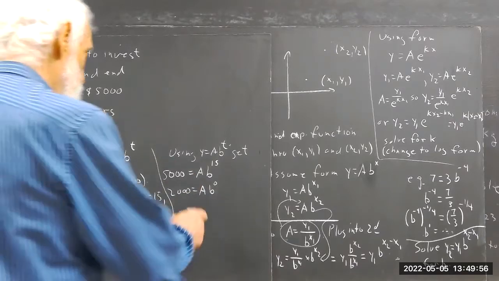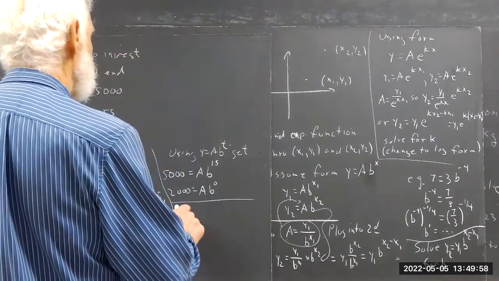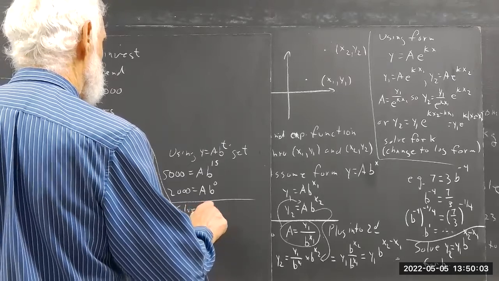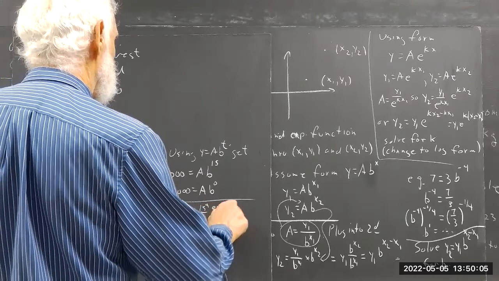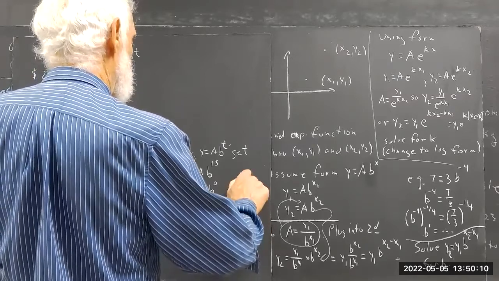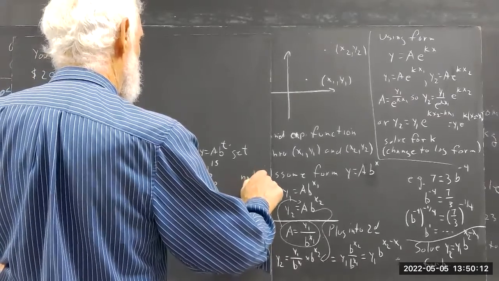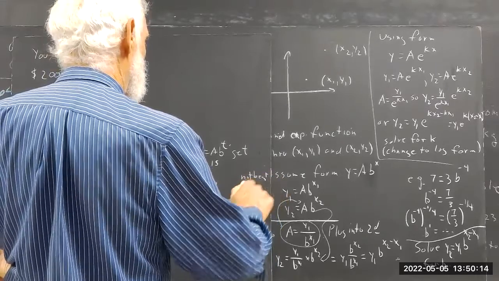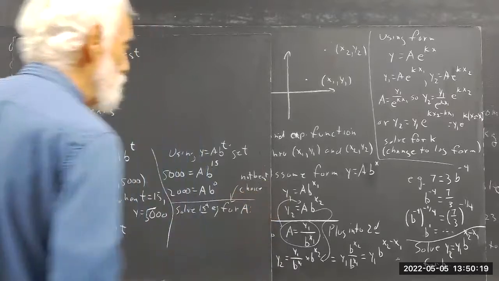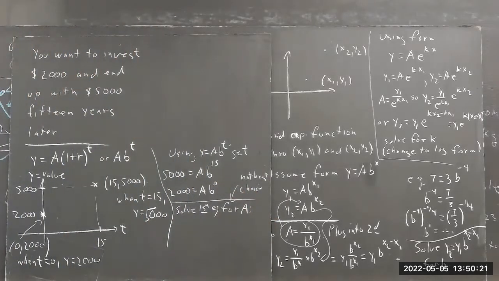See if I get the same thing. And this is not the best choice, but it works. You can't really go wrong as long as you stay within the rules of algebra.